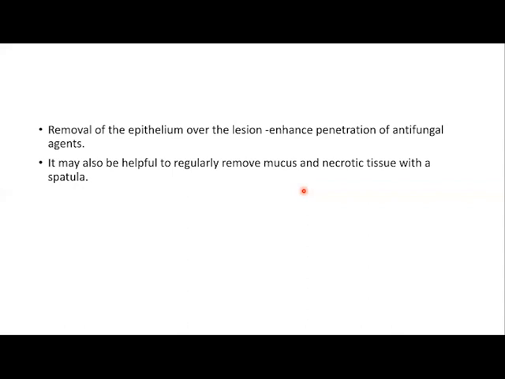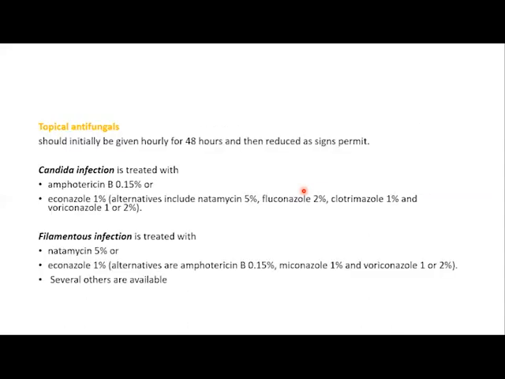Epithelium you have to debride, maybe every day. Then the drug will penetrate and you will be reducing either the bacterial load or fungal load. So this is one of your routine steps. When an ulcer comes, you have to do the debridement of the epithelium.